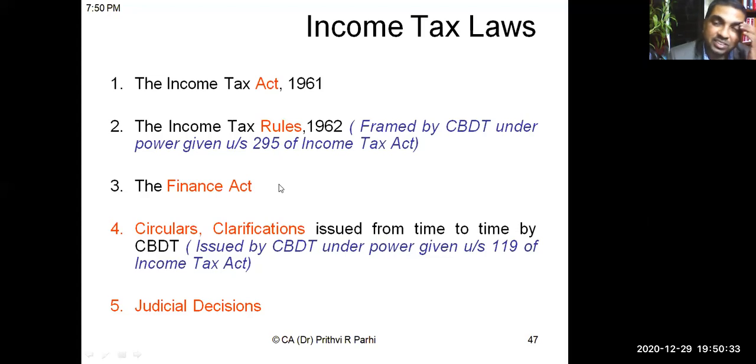The Finance Act is also relevant because rates are prescribed in the Finance Act. Apart from that, various circulars, clarifications, and notifications which are issued from time to time by the department are also important. And judicial decisions or case laws are also important. So one is expected to have knowledge of all these things if he wants to learn income tax properly.